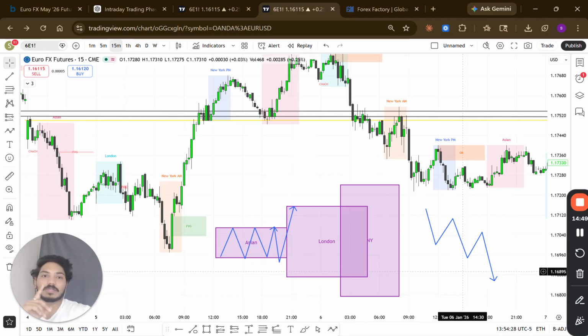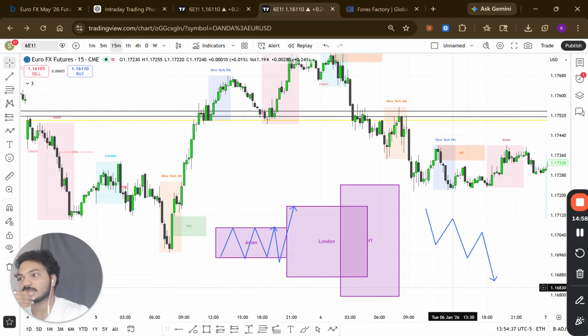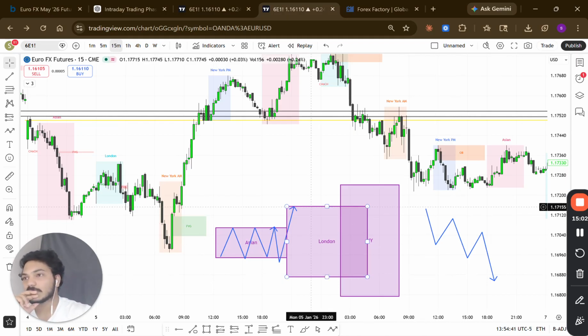Just remember, price and the market are always fractal. Whatever happens in the lower time frames will be shown on the upper time frame. I guess this is going to be a long video, but bear with me.